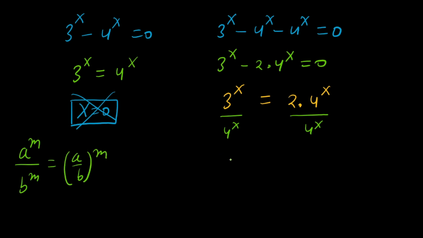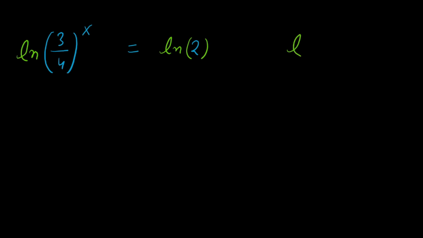Then on the left-hand side we can say (3/4)^x equals, on the right-hand side 4^x and 4^x cancel out, then 2. Here (3/4)^x equals 2. Now if we take the natural log on both sides, then ln and ln. Now we know that ln a^b equals b times ln a.